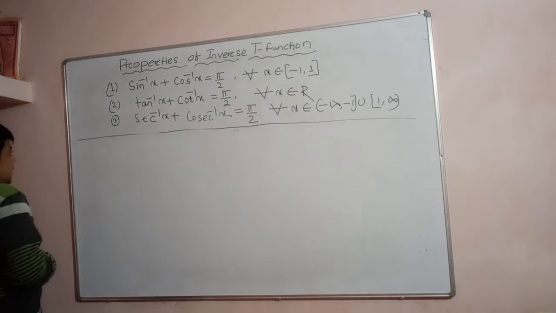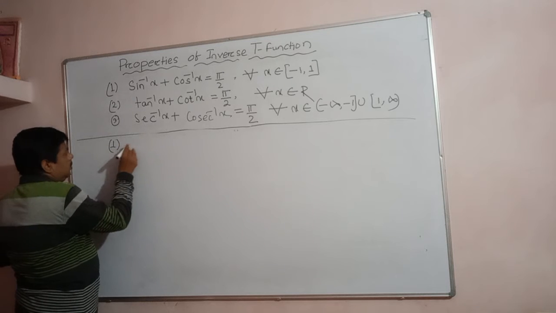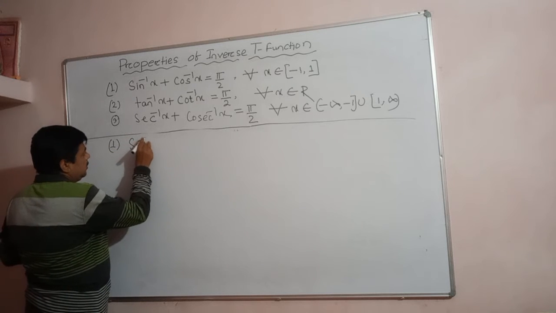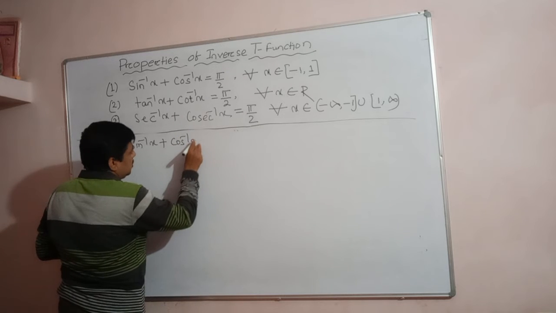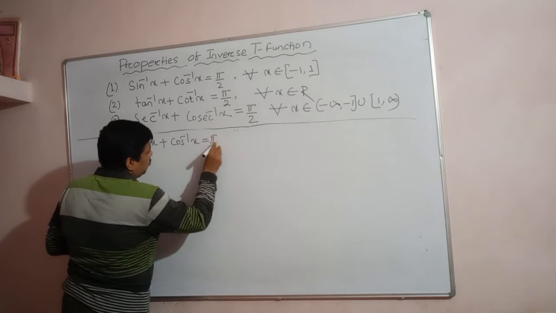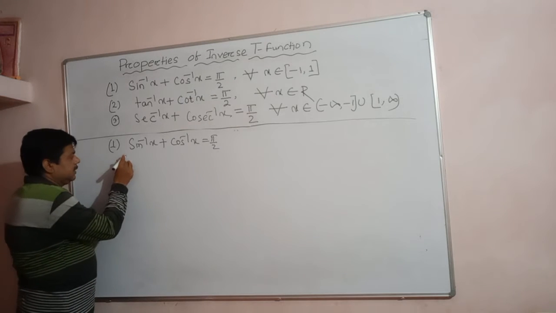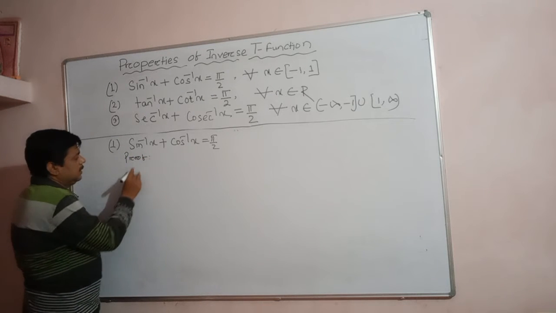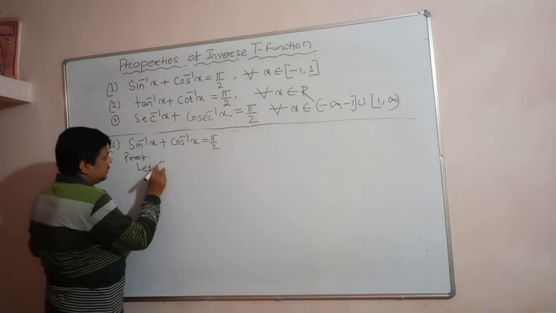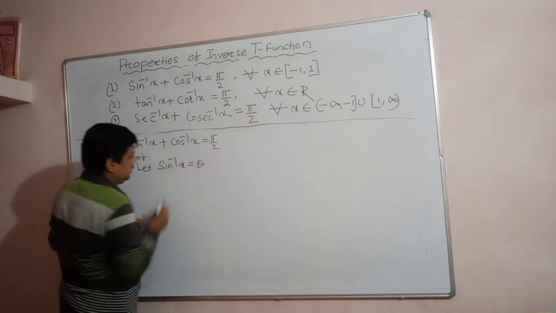Okay, so let us see the first property: sine inverse of x plus cos inverse of x is equal to pi upon 2. How to prove this one? Let us prove this. Let sine inverse of x be equal to theta.